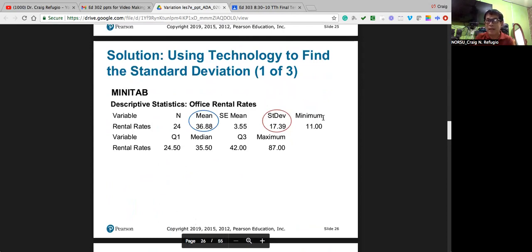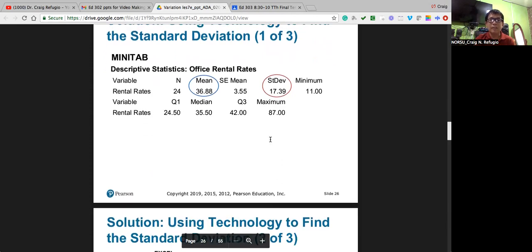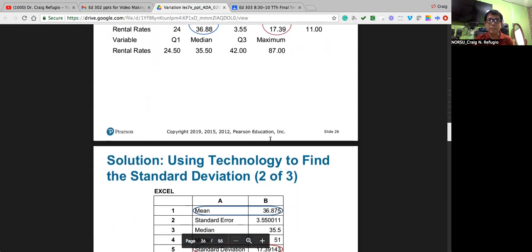Automatically, the values are provided. What you are going to do is encode the data in the software, then do some clicks. Then you will be provided with the mean, the standard deviation, the minimum value, the median, and the maximum entry. That's for the use of Minitab.